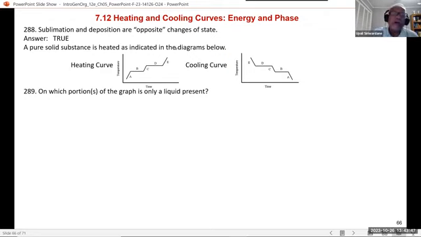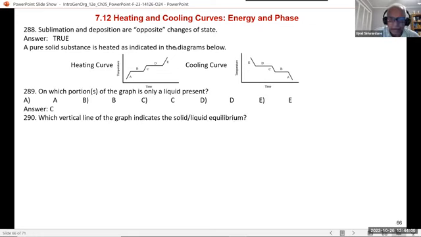So the answer to number 289 is C. I gave you all the points. You have to pick where the liquid is present, which is C. The graph indicates the solid-liquid equilibrium.